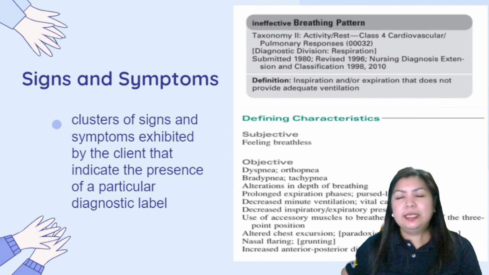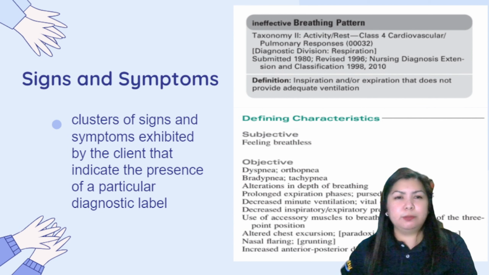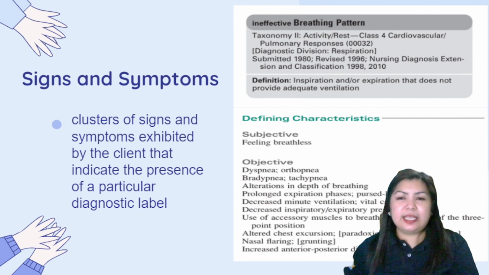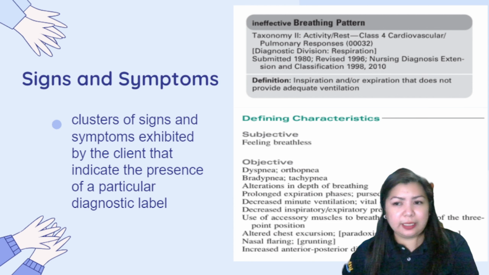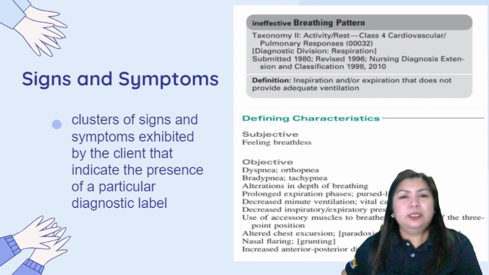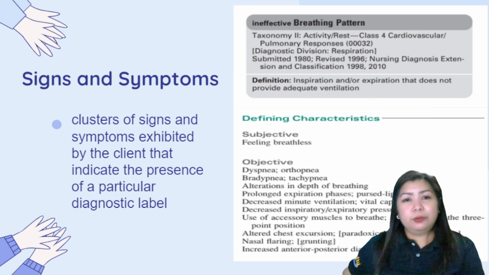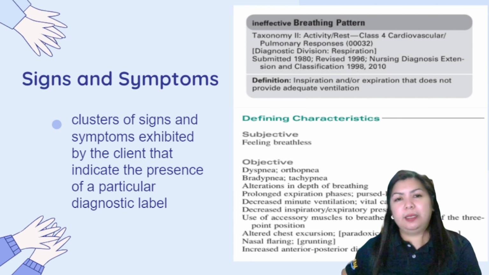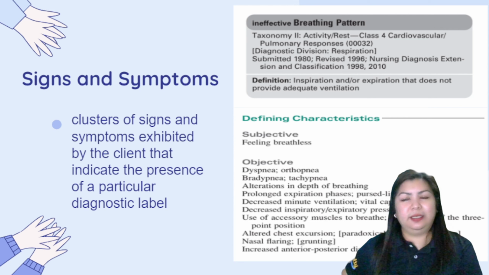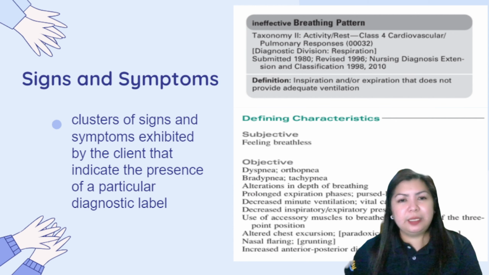And then you have your signs and symptoms. Signs and symptoms are your cluster of signs and symptoms exhibited by the client that indicate the presence of a particular diagnostic label. To guide you in your defining characteristics for this particular diagnostic label, breathing pattern, you can open your nurse's pocket guide on the page on breathing pattern.